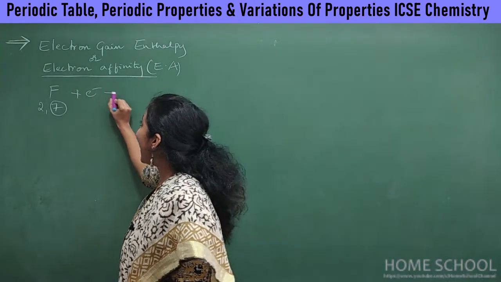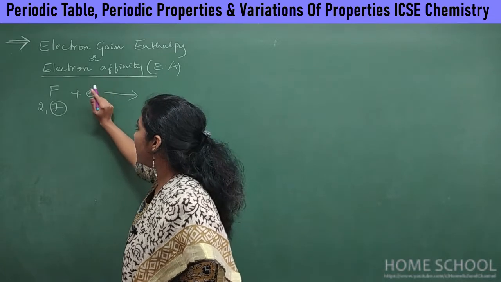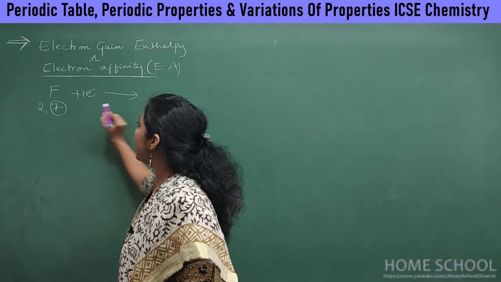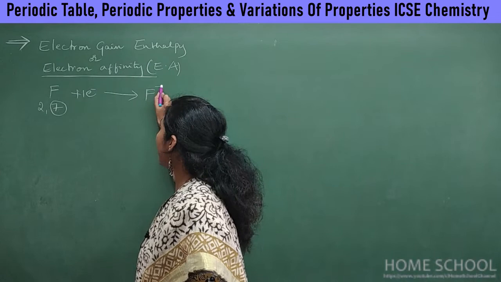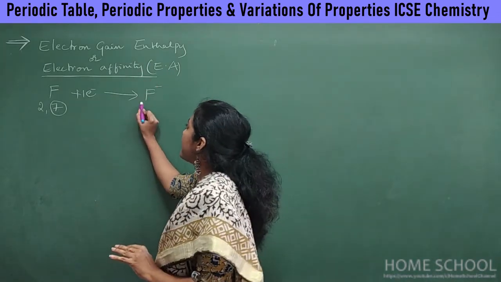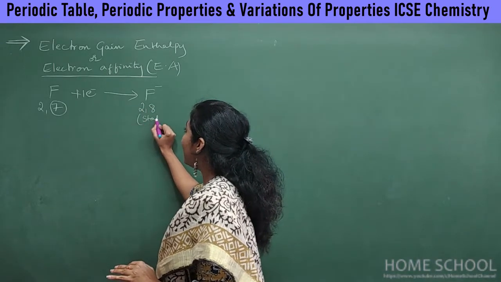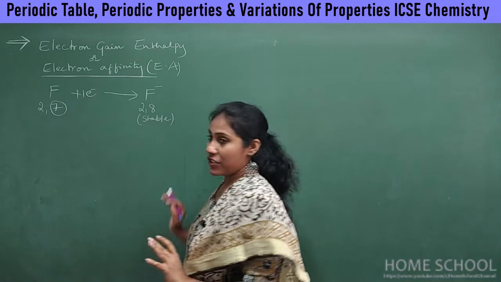This is the symbol for electron. On accepting 1 electron, it becomes F minus. The electronic configuration of F minus is 2, 8, and this is the most stable electronic configuration.